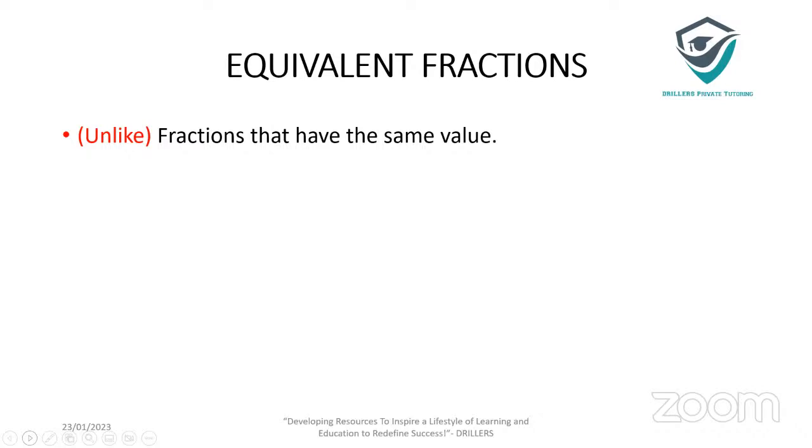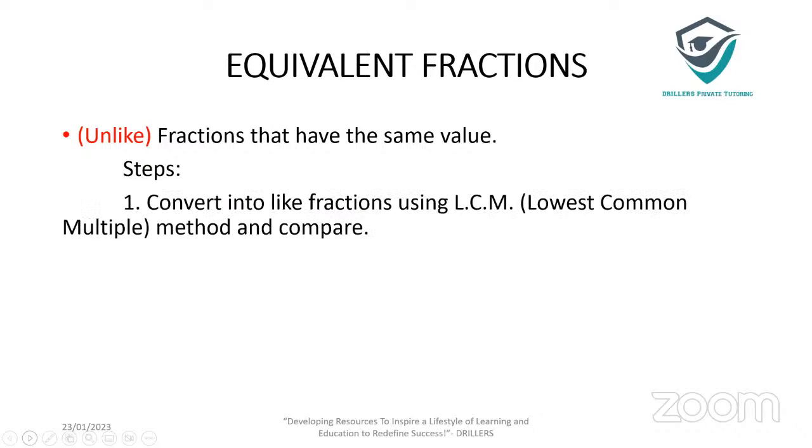There are steps to determining whether fractions are equivalent, because if they are unlike, meaning they have different denominators, it's not very straightforward to tell if they have the same value.